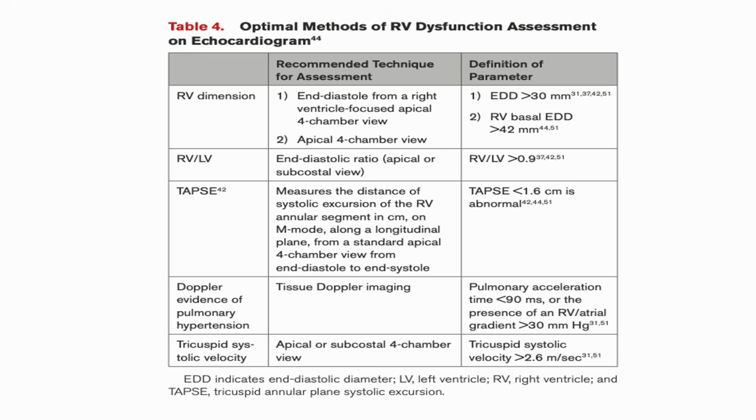So if these parameters are met, then we can assess RV dysfunction, and so an echo report must contain all of these: the RV dimension, RV to LV ratio, TAPSE, Doppler evidence of pulmonary hypertension, and tricuspid systolic velocity.